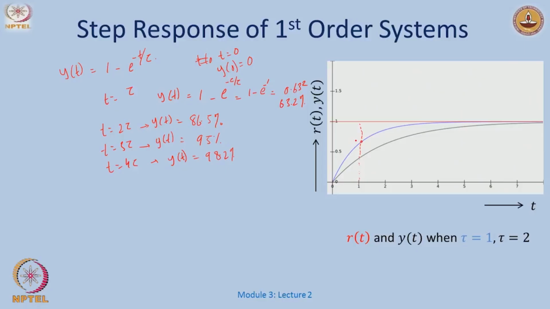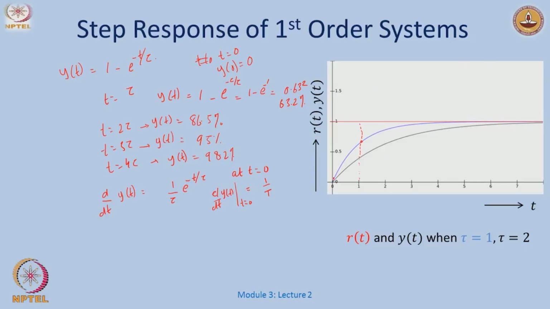Let us see what decides who goes fast and who goes slow. Let us differentiate this signal. d over dt of y of t is 1 over tau e power minus t by tau. Now at t equal to 0, d over dt of y of t is 1 over tau.